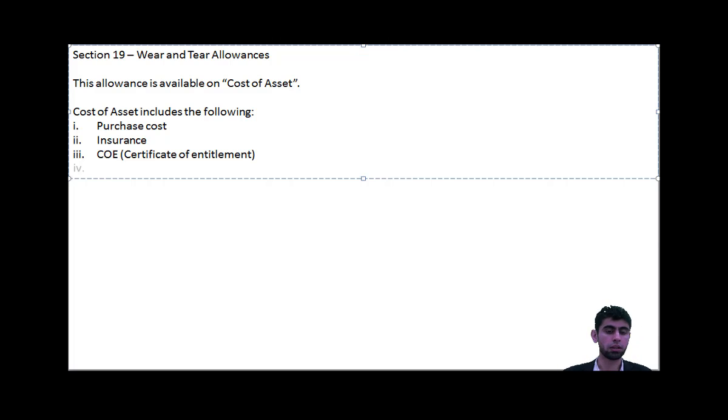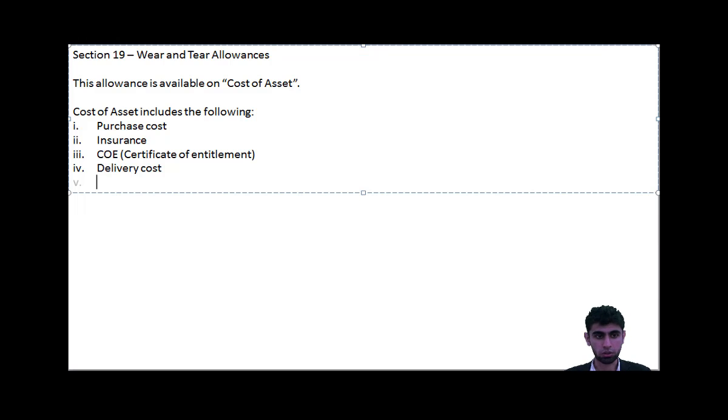So the ownership of the asset has been transferred, and that documentation is your certificate of entitlement. Delivery cost. If you are buying the asset from, let's say, a foreign country, the delivery cost, carriage inward, will be part of your purchase cost or the cost of asset, and any alteration expenditure. So all of this will be part of cost of asset when it comes to claiming the capital allowances. So we will have to total all of this.